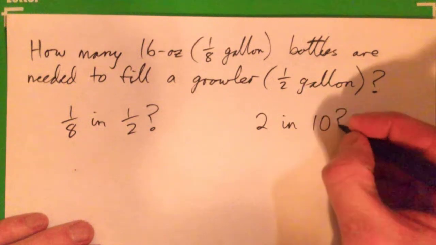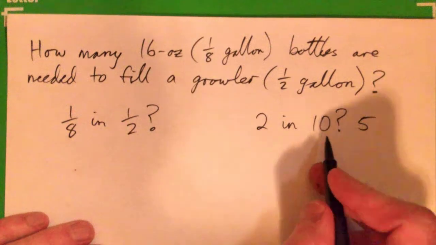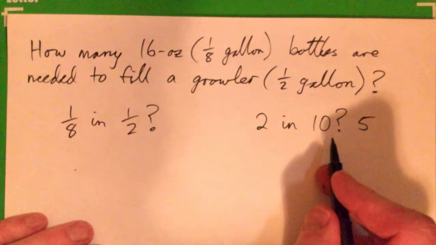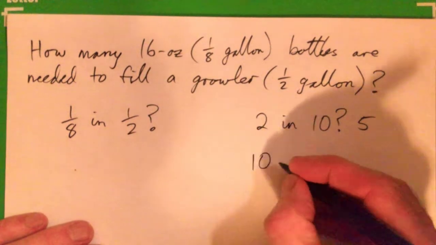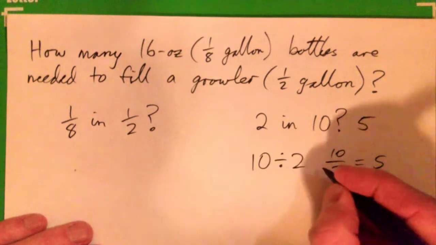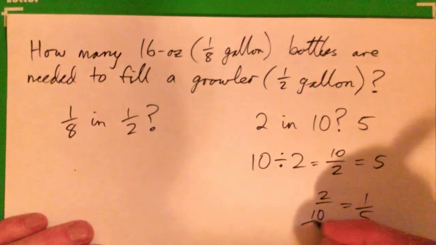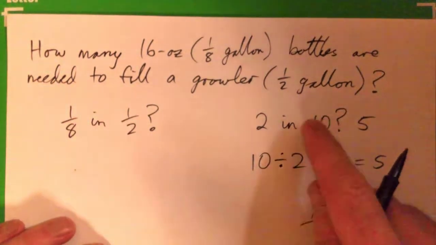How many 2s are in 10 anyway? 5 of them. How can we get this with division? 10 divided by 2, because that's 10 over 2, which is 5. And by the way, it's not 2 over 10 because that would be 1/5, right? So it's this number divided by this one.